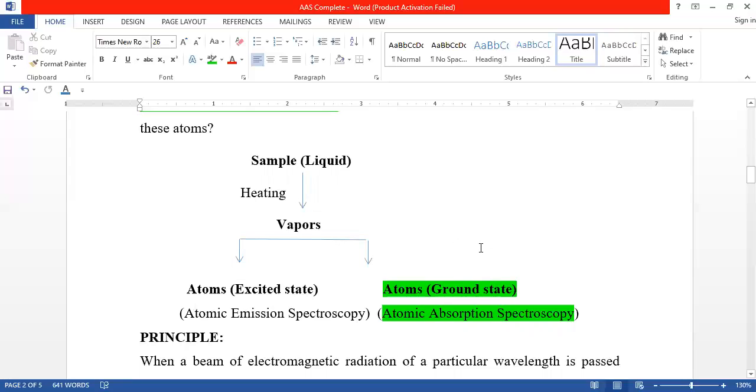If we analyze the excited atoms, the process is known as atomic emission spectroscopy. But if we analyze the ground state atoms, then it is known as atomic absorption spectroscopy. This is our area of interest: what happens in these atoms.